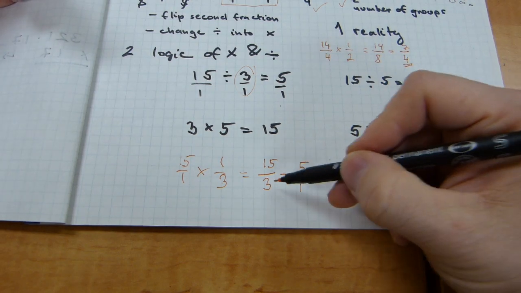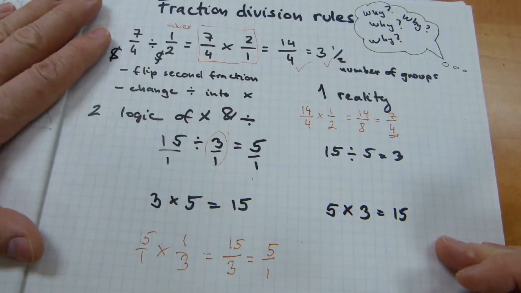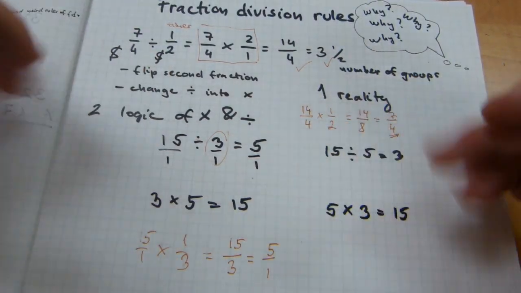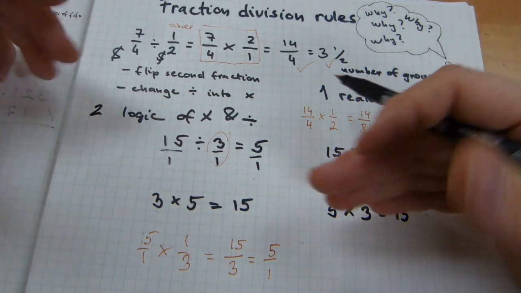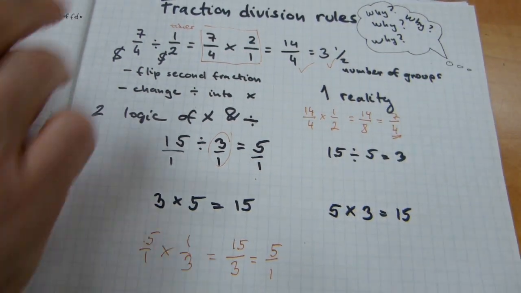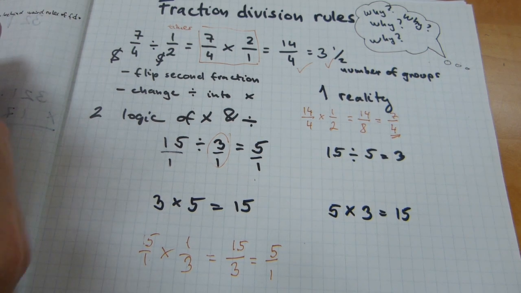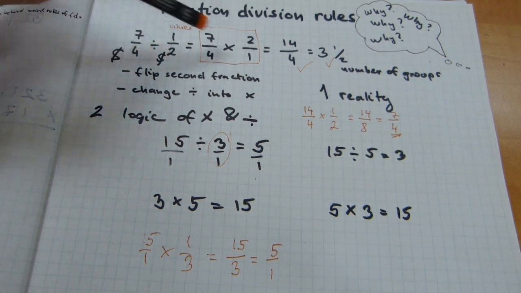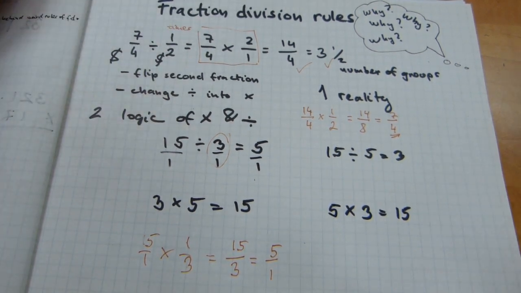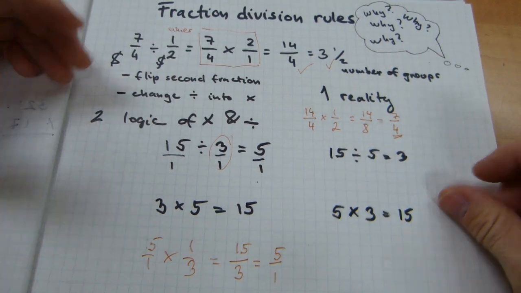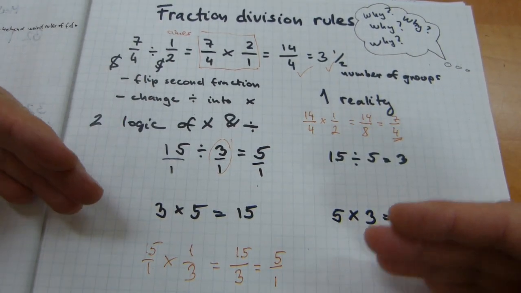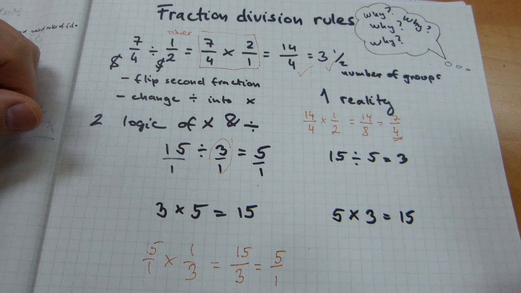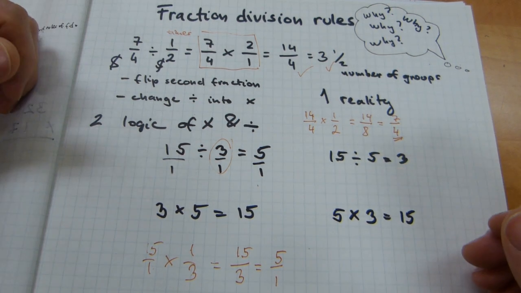So 15 divided by 3 is 5, and 3 divided by 3 is 1. So it works with both of these approaches. So these are two answers why the weird rules that we turn division into a multiplication is there. It reflects reality, and it reflects the inherent logic of how multiplication and division work with each other.